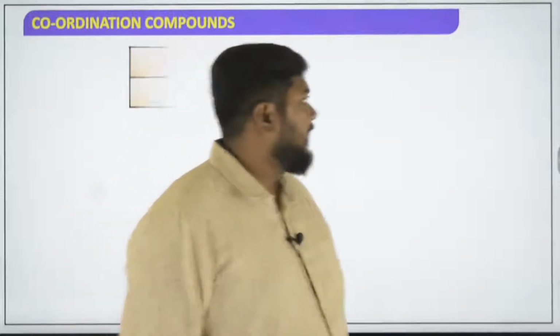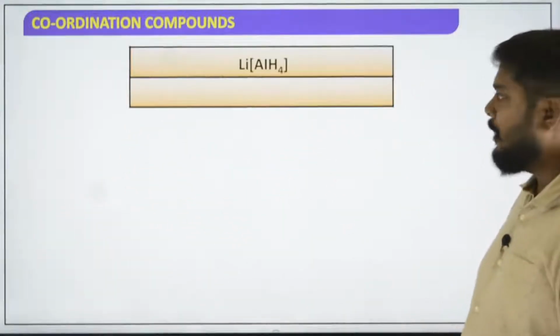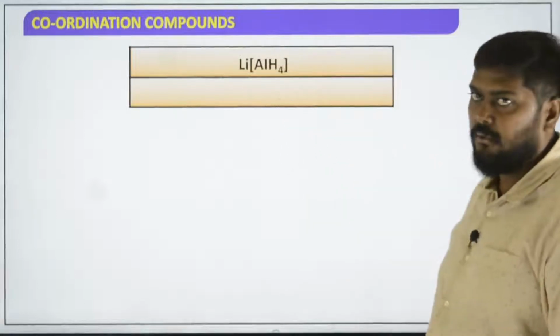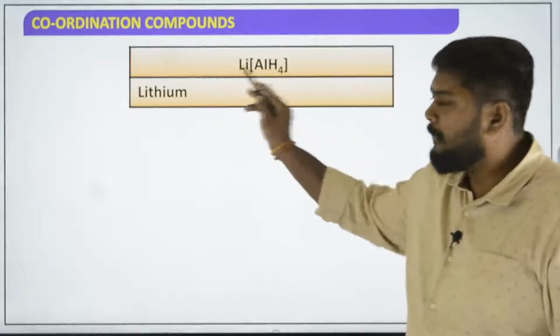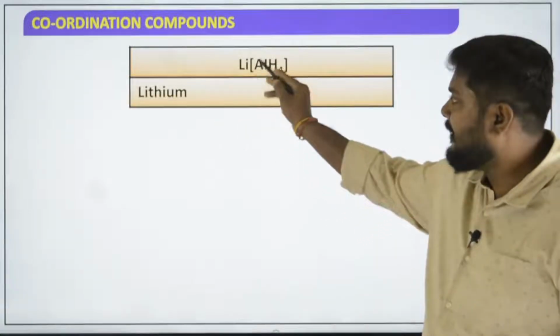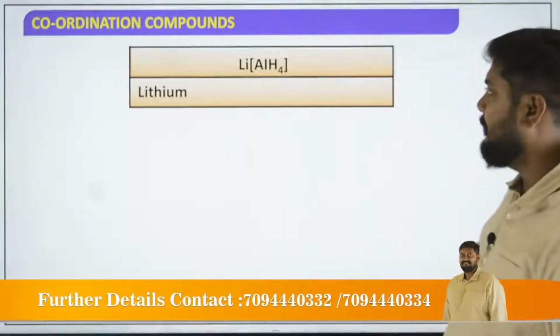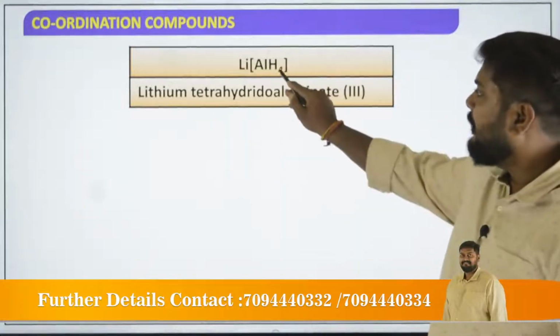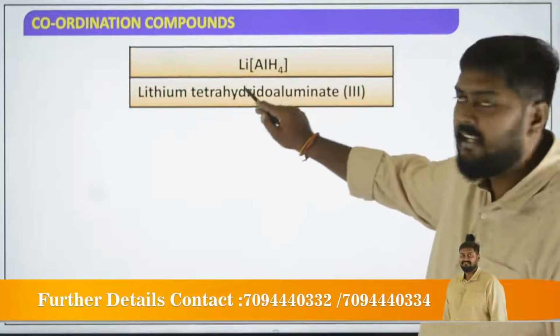K4[Fe(CN)6], right? Next, for our practice I am going to take some complexes. LiAlH4. H is nothing but hydrido. What is the first part we should name? The cationic part. The cationic part is lithium. Next, in the coordination sphere, we first name the ligand.